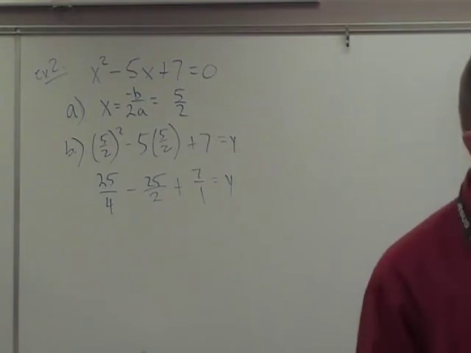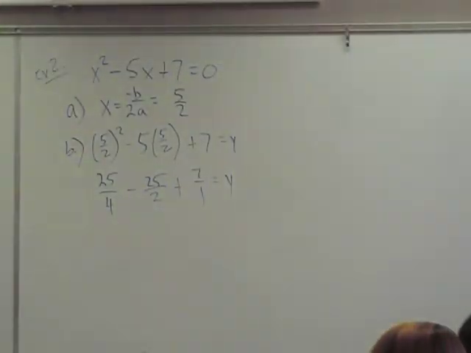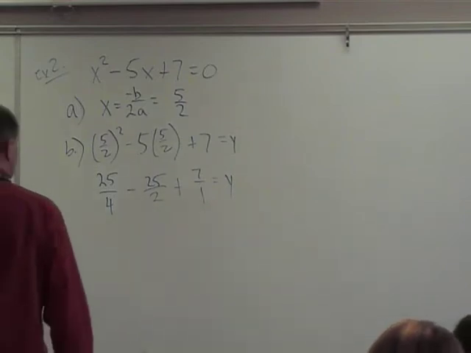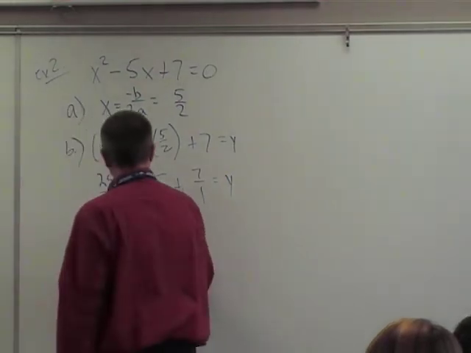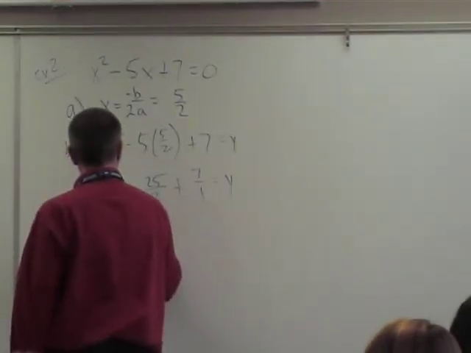I was like, wait a second, that's not right. 16 times 4 is 64, so it's got to be higher than that, if that's correct. I was just looking at what you had written down.